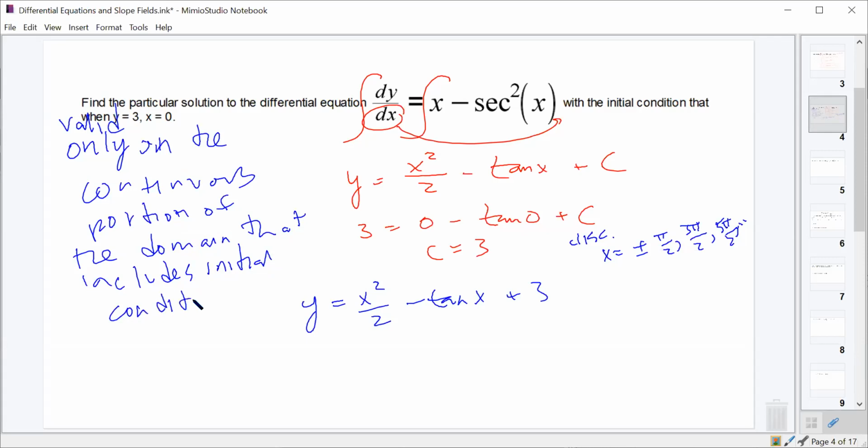Sorry, I don't know what's up with my pen right now, but it's having some issues. Hopefully you can read that. It's valid only on the continuous portion of your domain that includes your initial condition.